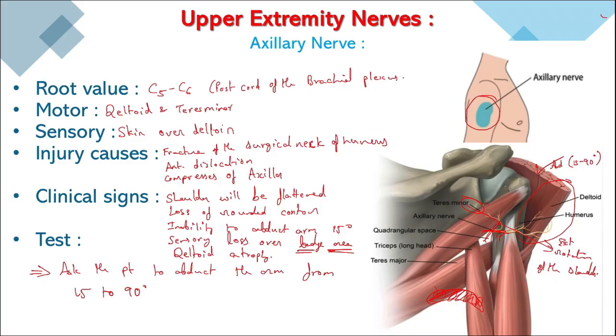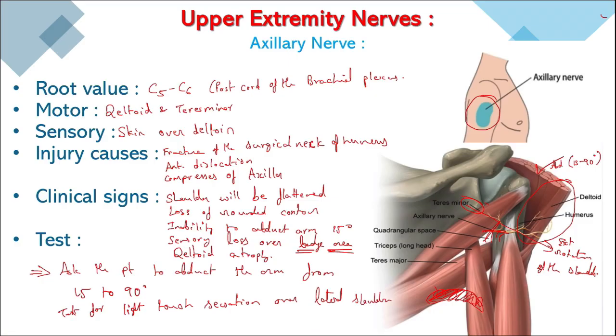Because the supraspinatus works up to 15 degrees of abduction, and beyond 15 degrees the deltoid muscle takes over. We can also test light touch sensation over the lateral shoulder.